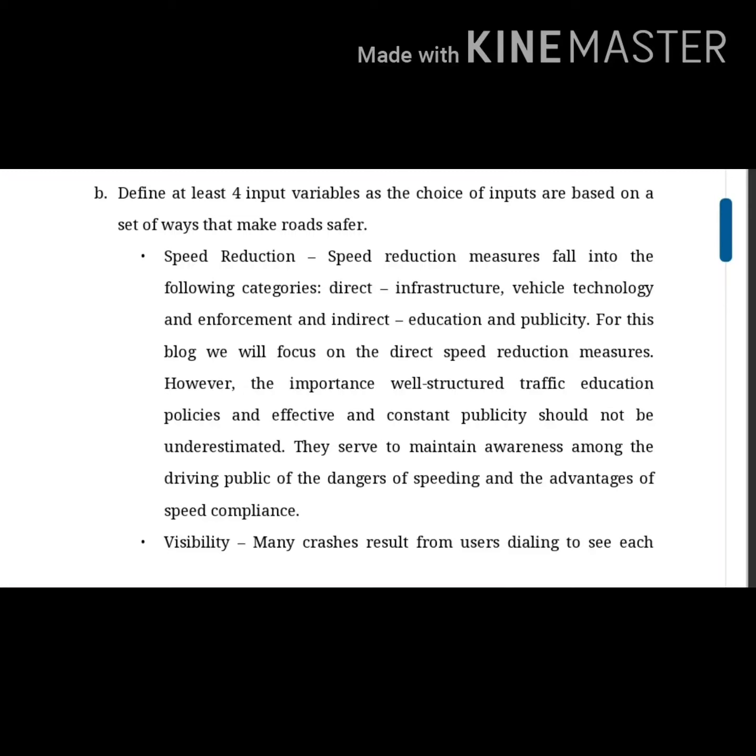However, the importance of well-structured traffic education policies and effective, constant publicity should not be underestimated. They serve to maintain awareness among the driving public of the danger of speeding and the advantage of speed compliance.